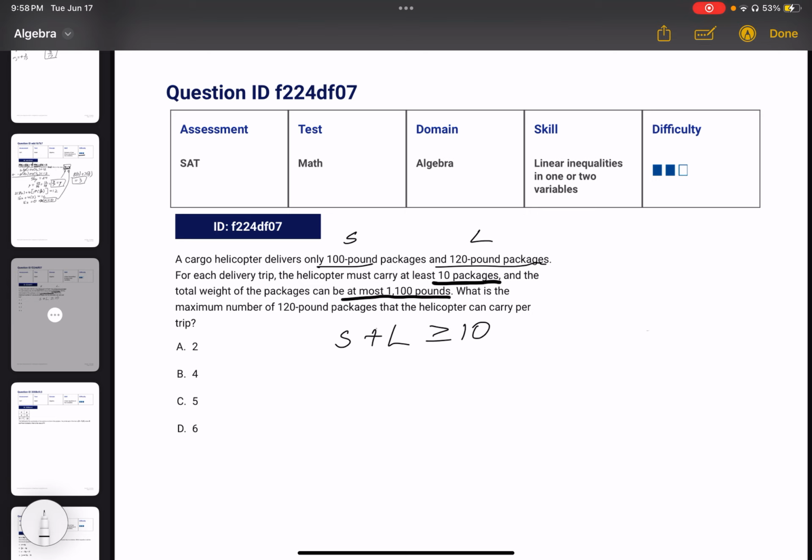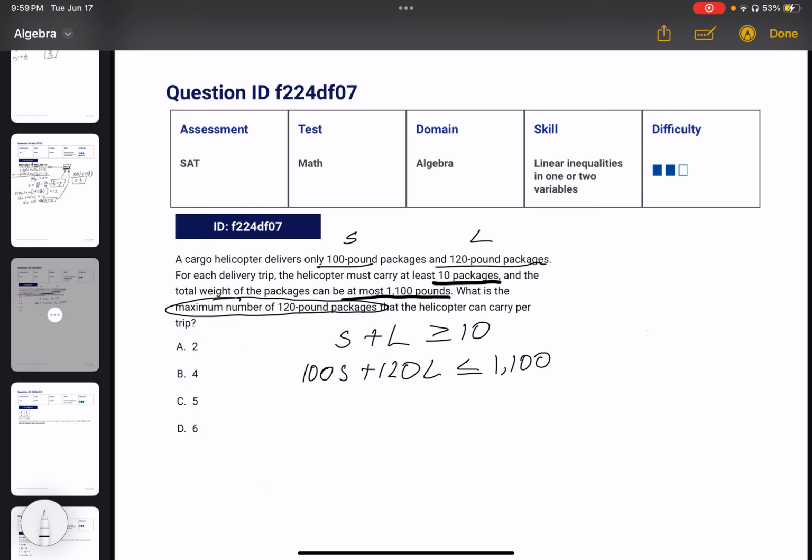And then it also tells us that the total weight, so 100 times S plus 120 times L, is less than or equal to 1,100. And it's asking for the maximum number of large bags.